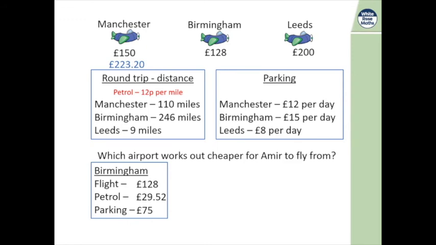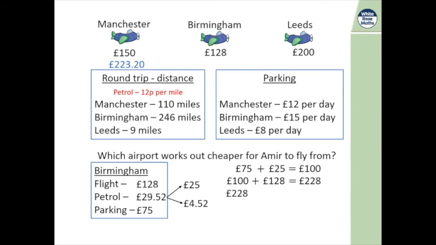I'm going to partition £29.52 into £25 and £4.52, as I know that £75 plus £25 is £100. Then I can add £128 to get £228, and finally add the £4.52, so in total it costs £232.52 to fly from Birmingham.